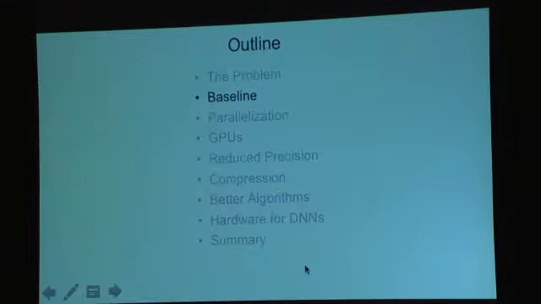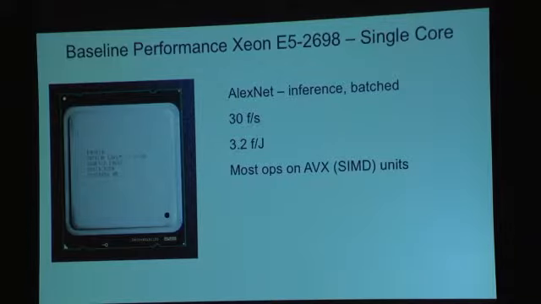So let's start out by setting a baseline. If I was simply to take an average data center machine and load Caffe on it and use the Intel deep learning framework, what kind of performance will I get? So this is the baseline against which I'm going to measure everything else in this talk.